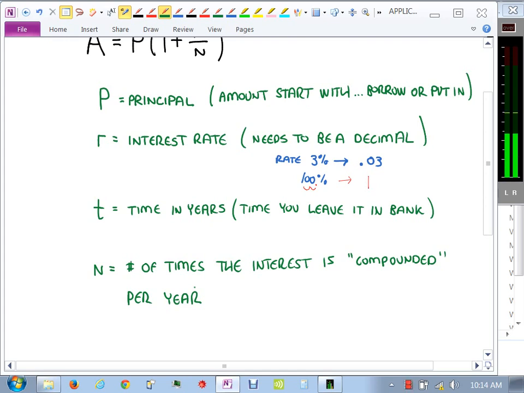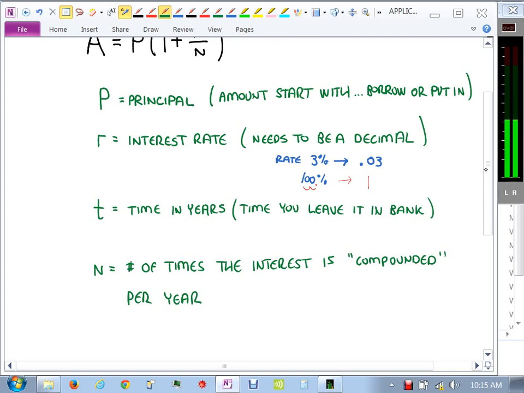How much money do you think I should have? What's 5% of 10,000? So do 0.05 times 10,000. What would you get? 500, right? So I should have $10,500. That's 5% once a year. That's what I would have at the end of 1 year, right?